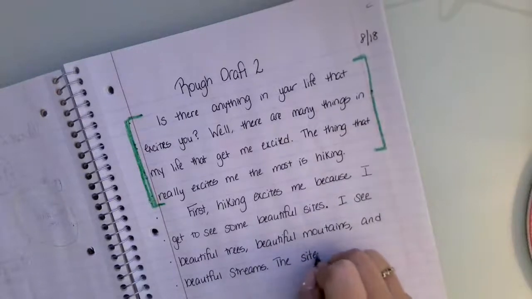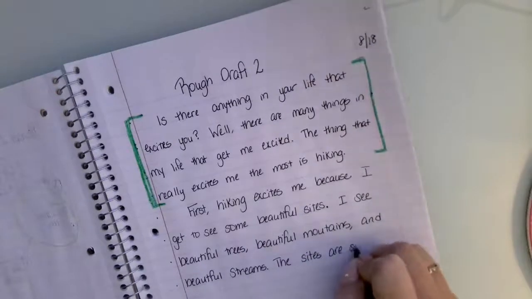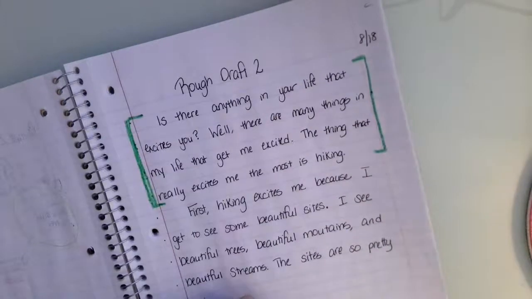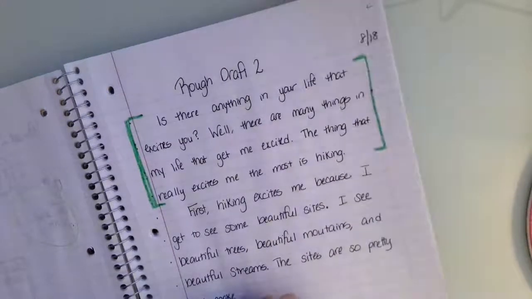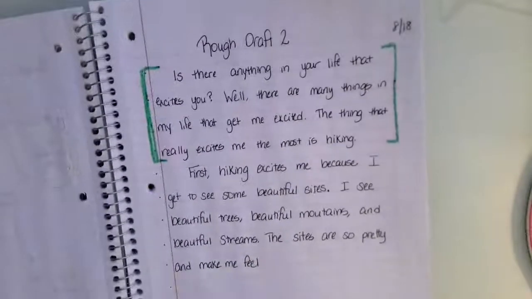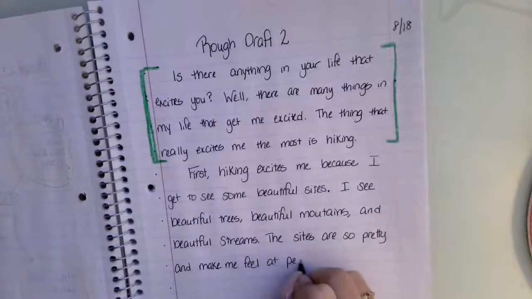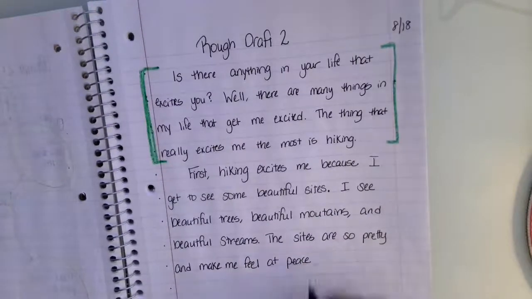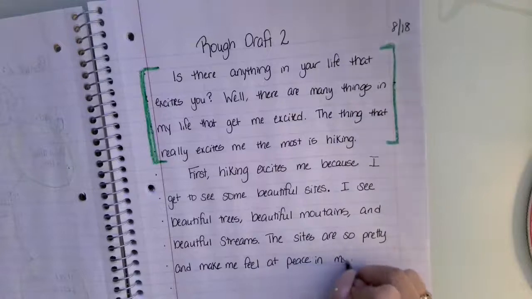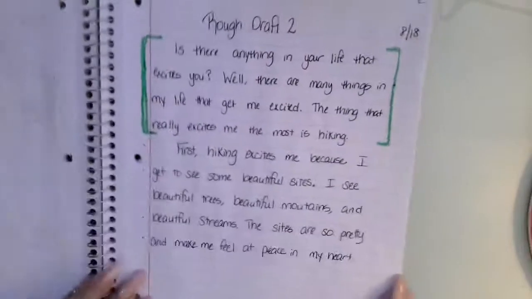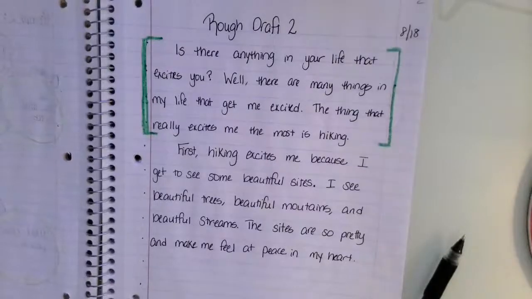These sights are so pretty and make me feel at peace in my heart. Okay, so that's my second paragraph.